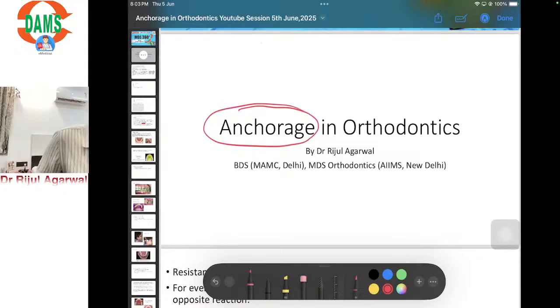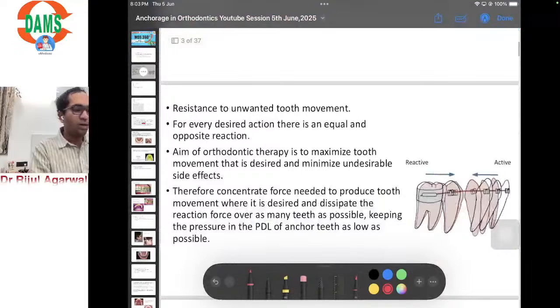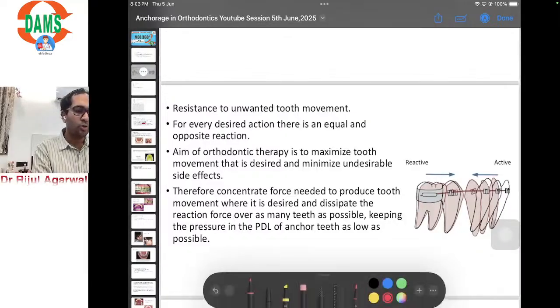So what is anchorage first of all? Anchorage is basically resistance to any kind of unwanted tooth movement. In orthodontics, we apply forces so as to achieve a desired tooth movement.